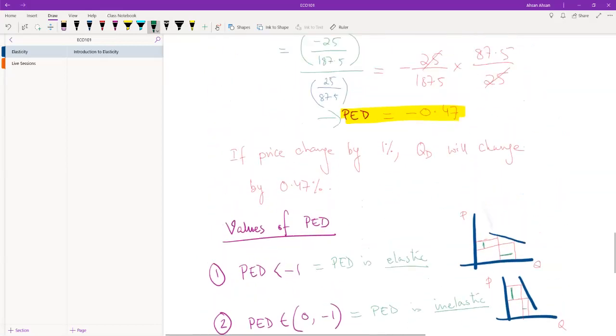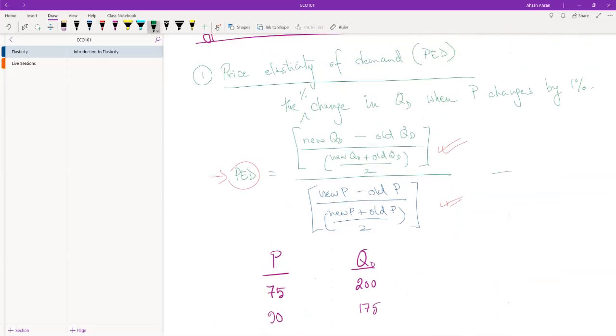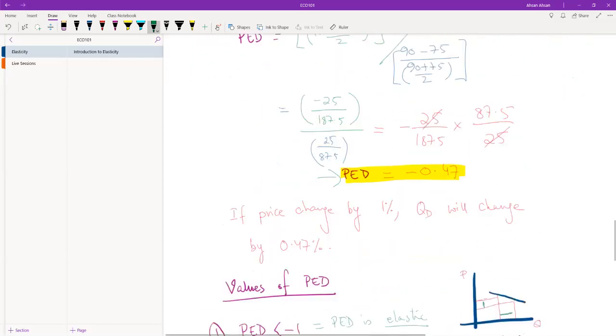So effectively, if we go back up to the formula right here, for PED to be 0 we have 0 in the numerator and some number down here. So price is changing by a certain level, but that has no effect on quantity demanded.